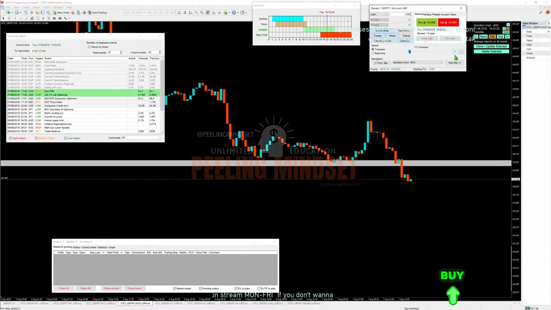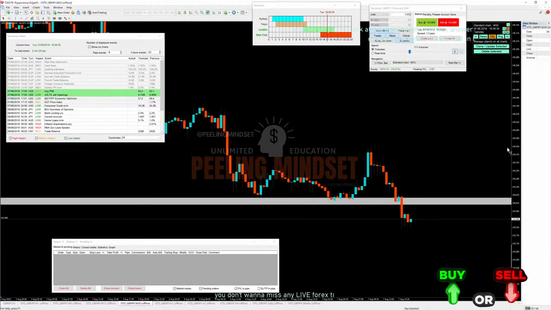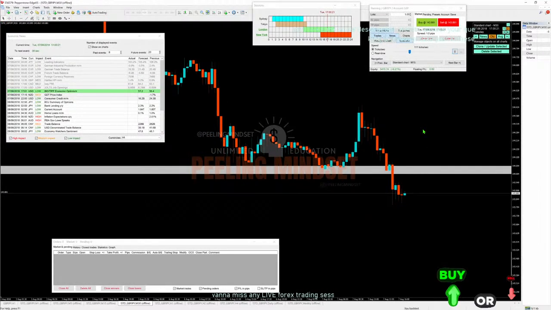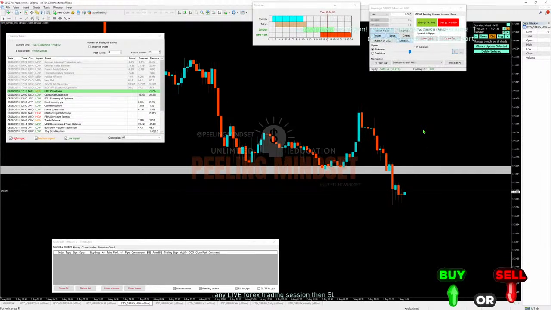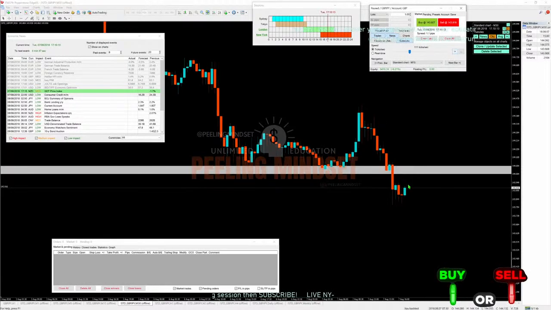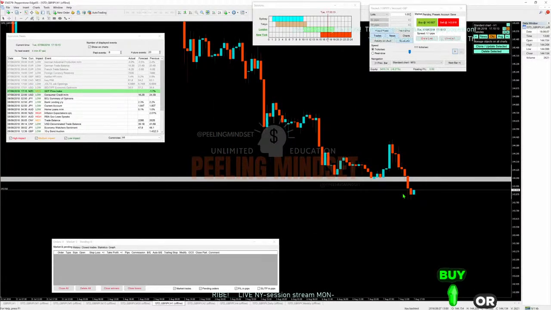And this is 30 minutes after the NYSE open. Candles are still printing bearish. I need to see a proper resistance before taking a sell.